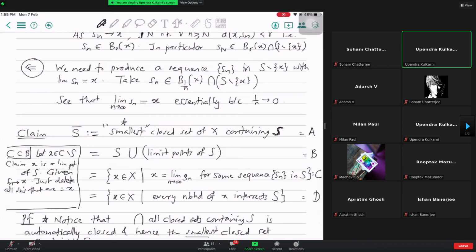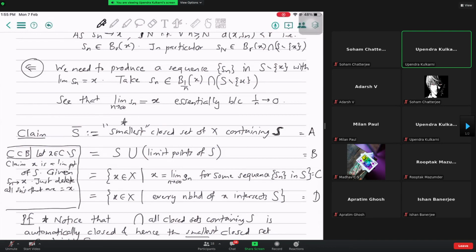Anyway, I have to say some more words for this strategy to work. When I just drop all the occurrences of the undesired element from the sequence, what I'm left with might not be a sequence. A sequence needs to be infinite, right? Only then can I take a limit.